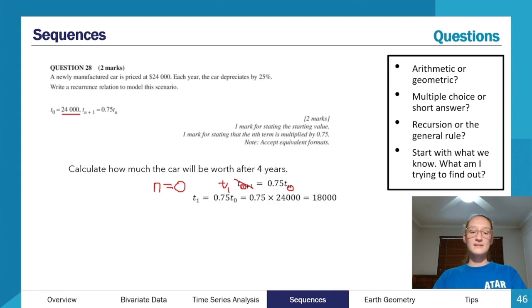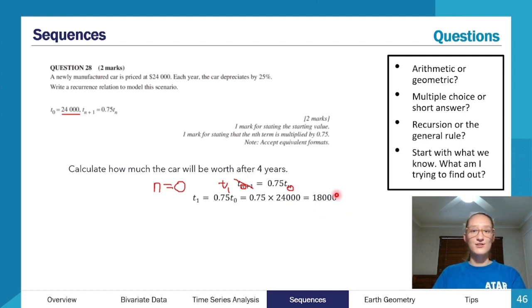So T1, like I've already said, equals 0.75 times T0. And because we know that T0 is the exact same as $24,000, because that's what equal means, they're equal, they're balanced, they're the same, we can substitute T0 for $24,000. So what's 25% less of $24,000?